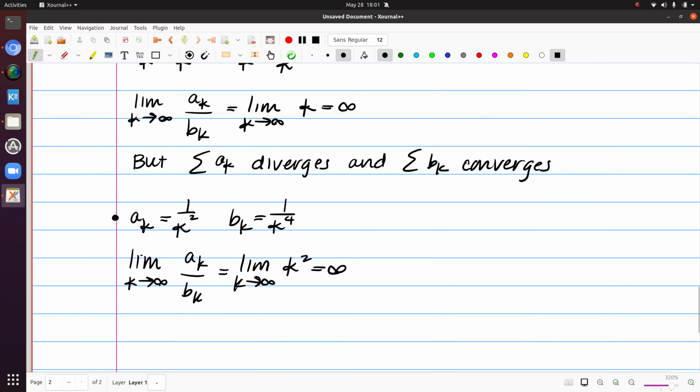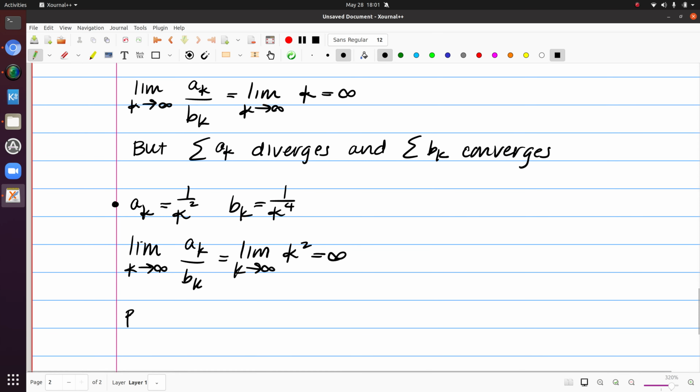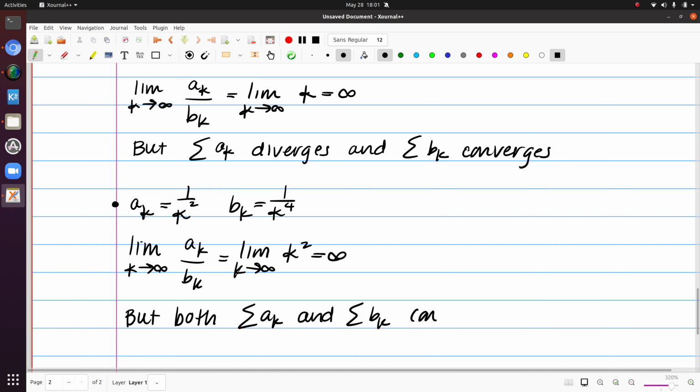So it's another example where our c value is infinite. But in this case, both series that we started with converge.